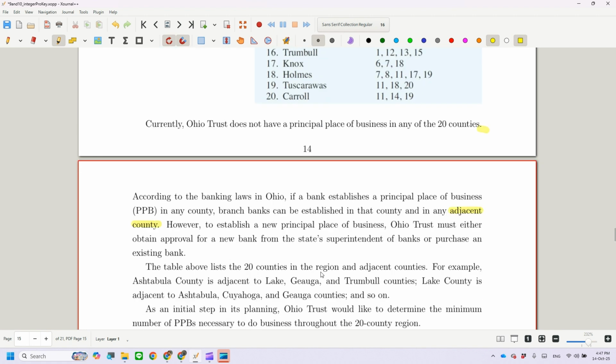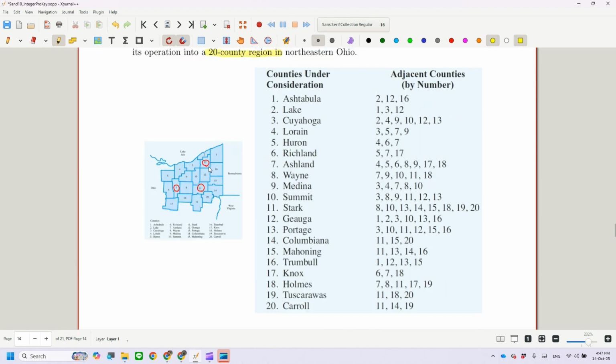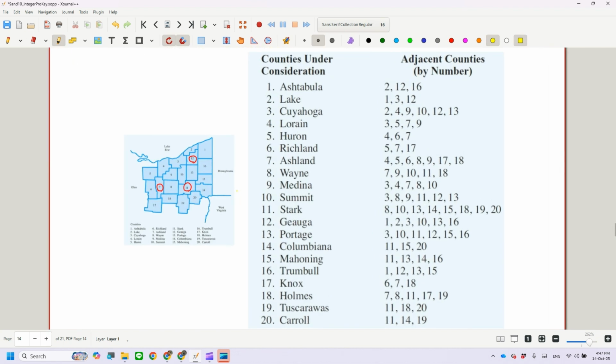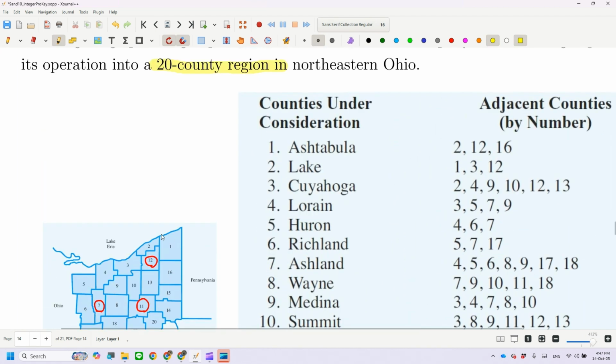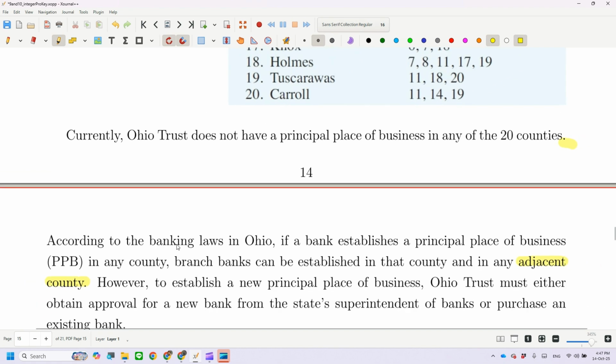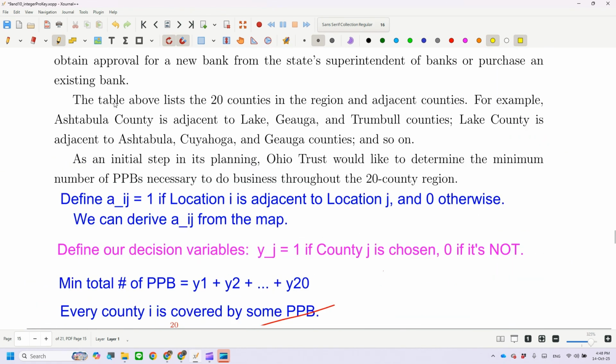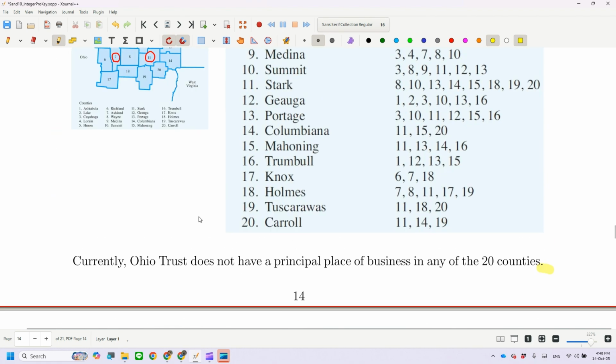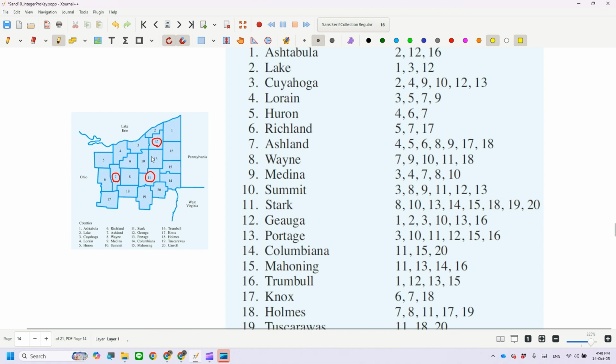So the table above lists the 20 counties in the region and the adjacent counties. For example, number one, Ashtabula, is next to number two, number 12, and number 16. So the idea is that they want to find a minimum number of bank branches so that they can cover the 20 counties.